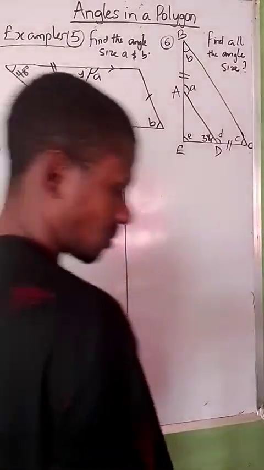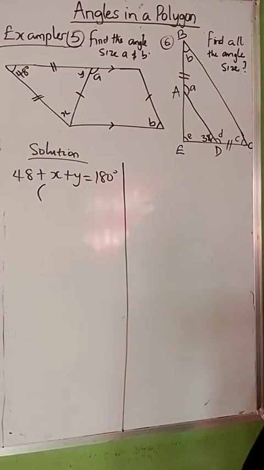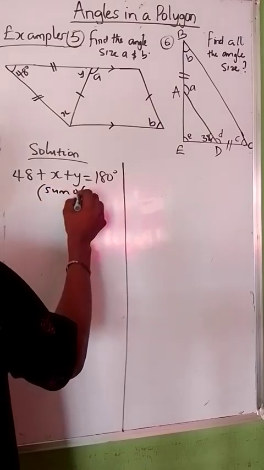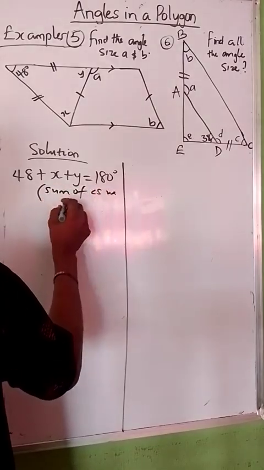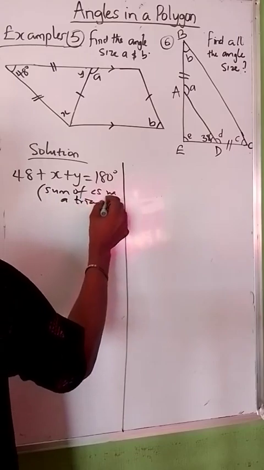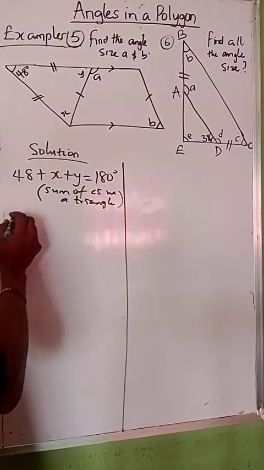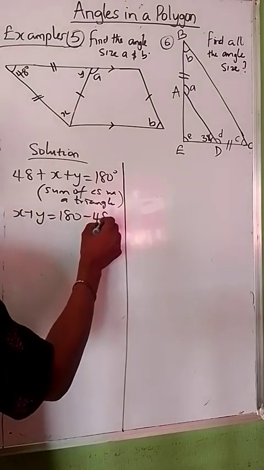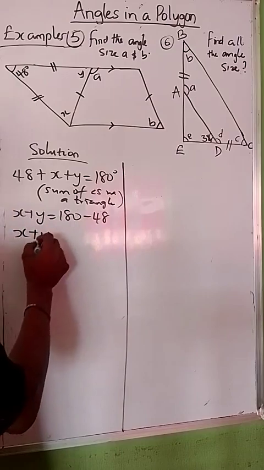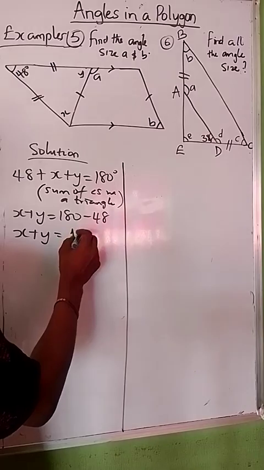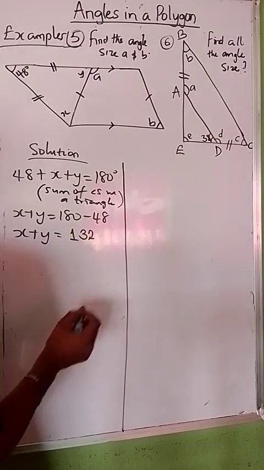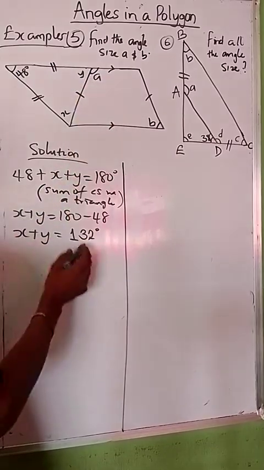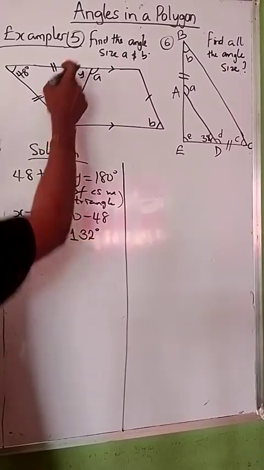The reason is the sum of angles in a triangle. So x plus y equals 180 minus 48. So x plus y equals 132 degrees. Since we know y and x will be equal, you divide the answer by 2 to get x and y.